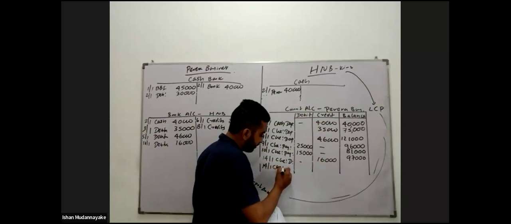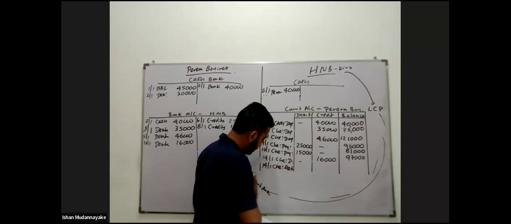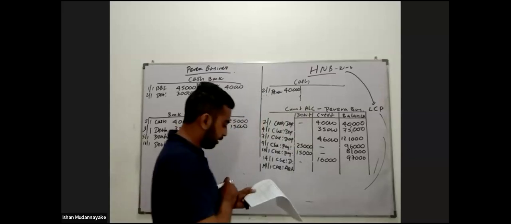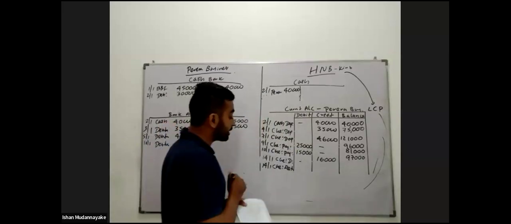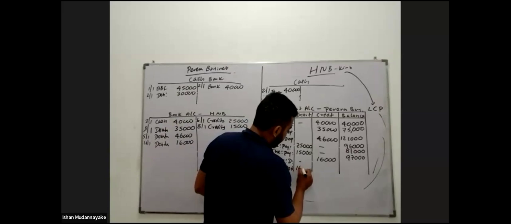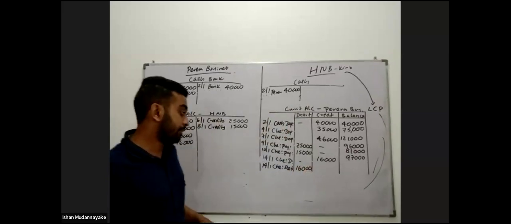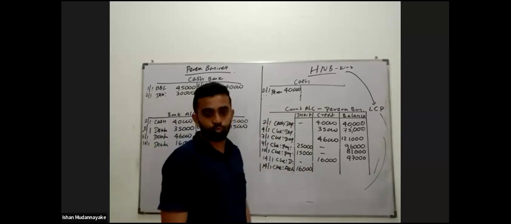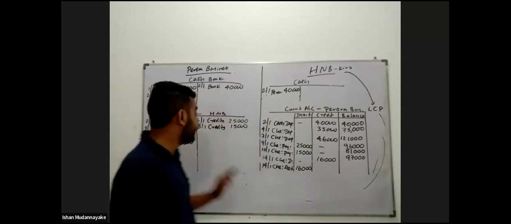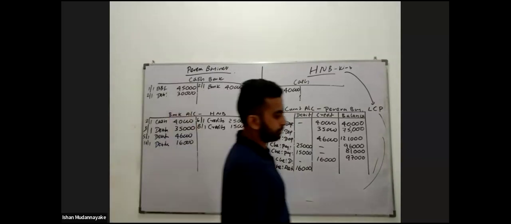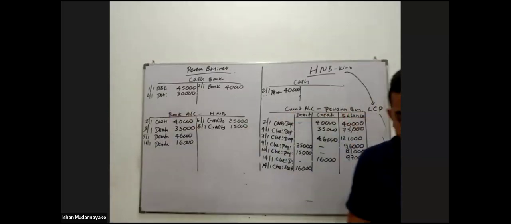Here, write down check return 16,000. Again, they need to debit. First deposit and then return. Deposited, then return.